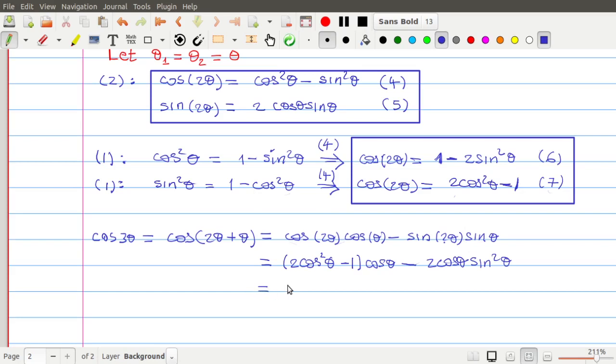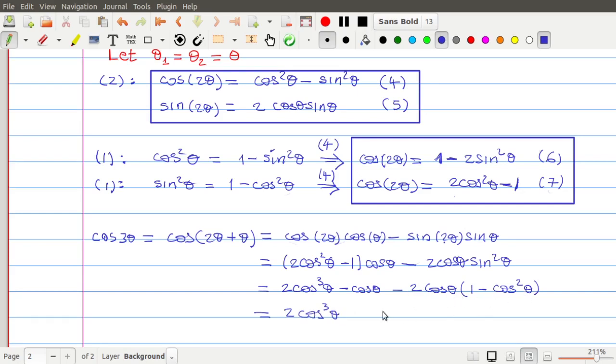So this one will give us 2 cosine cube theta minus cosine theta, like this. And now this one, minus 2 cosine theta into 1 minus cosine square theta, which gives us 2 cosine cube theta.